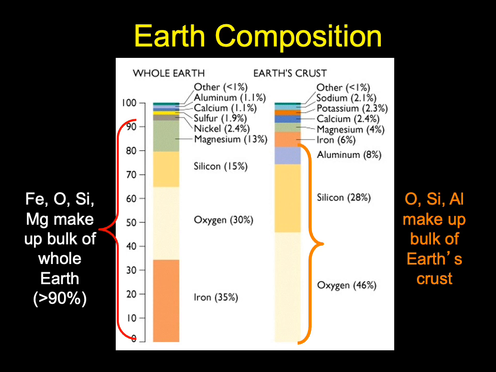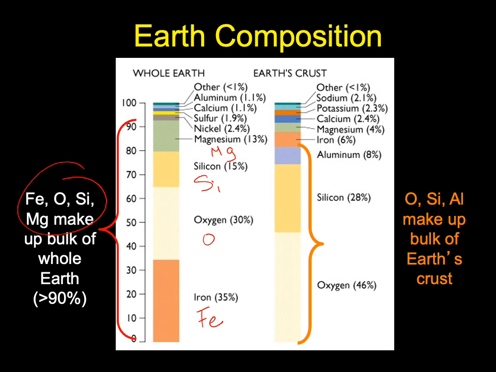I'm not just talking about the Earth's surface, I'm talking about the entire planet. The 4 most abundant elements are iron, and so remember iron is Fe, oxygen, silicon, Si, and magnesium, Mg. So I've got those over here. Greater than 90% of the Earth is made up of iron, magnesium, silicon, and oxygen.